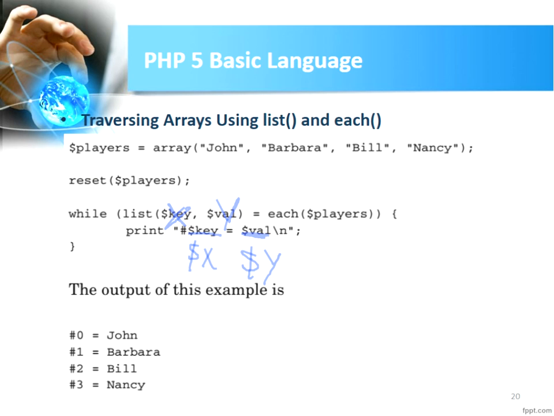So list assigns a list of variables in one operation, and each returns the current key and value pair from an array. So after that I will use x and y to print the index and the value in each iteration. It is clear?